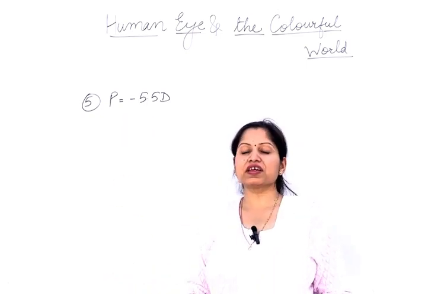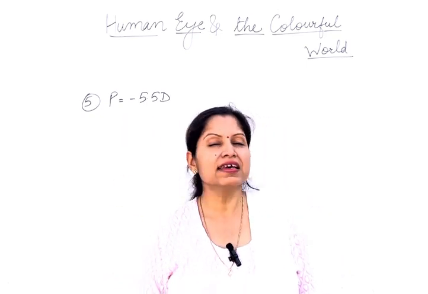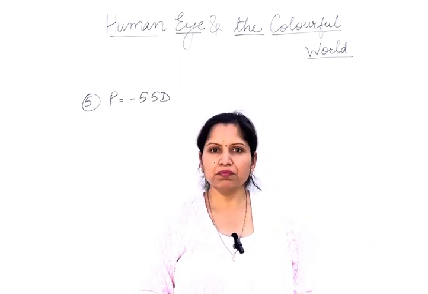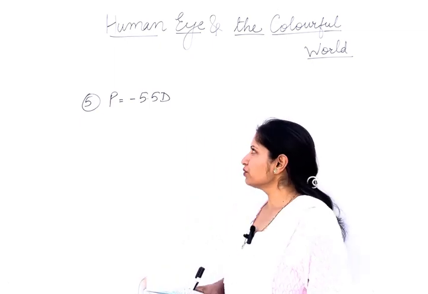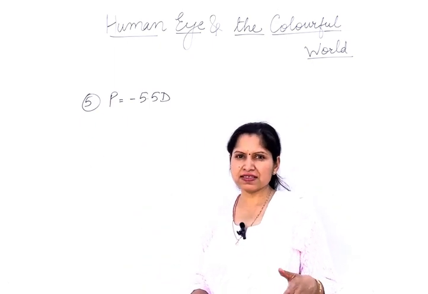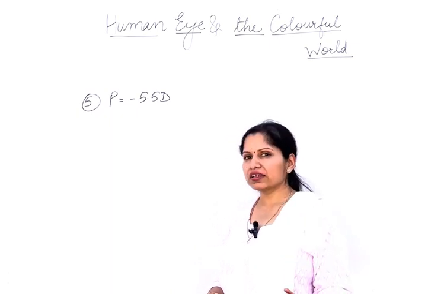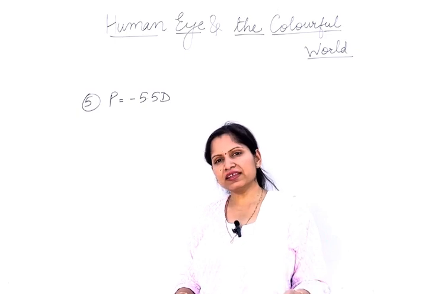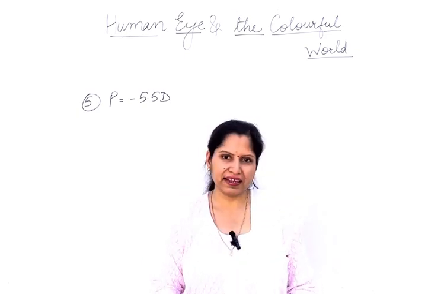Minus sign here shows that the lens is a concave lens, and that is required for the correction of distant vision problems. Why is the minus sign showing that it's a concave lens? Because you all know that for concave, whether it's lens or mirror, the focal length is negative. And if the focal length is negative, then the power is also negative.